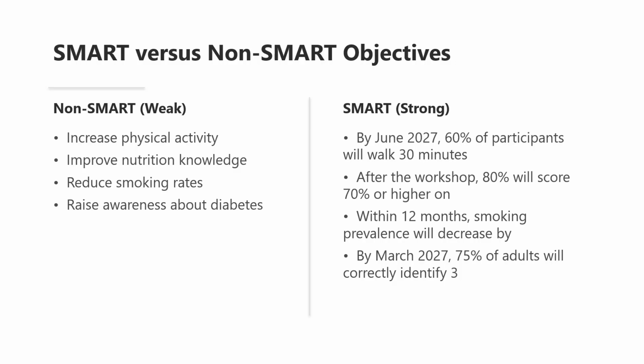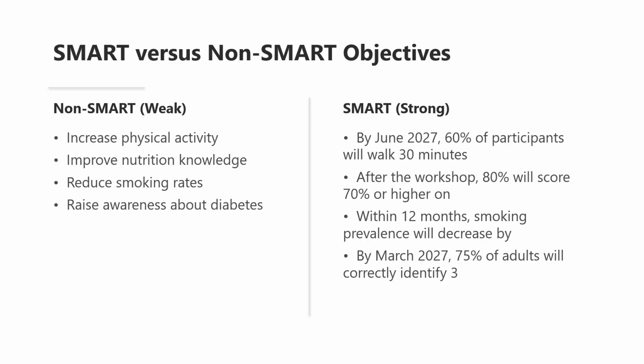On the exam, you will almost certainly encounter questions asking you to identify which objective is properly written using the SMART format. The most common error in non-SMART objectives is missing the measurable component or the time-bound component. Always scan for a number and a deadline.